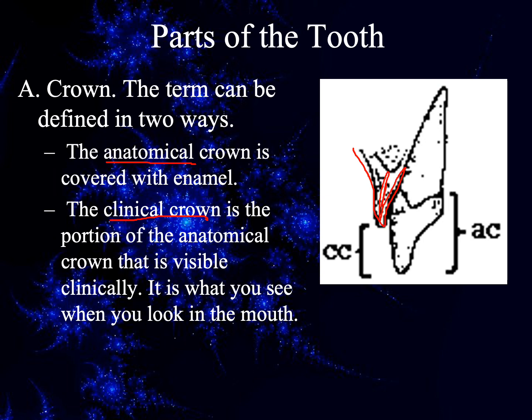This is gingiva. Accordingly, not all the crown, which is covered by enamel, is visible to the naked eye. This part is visible to the naked eye and we call it the clinical crown. And this part, which is covered by enamel from the cervical line to the incisal edge, is called the anatomical crown.